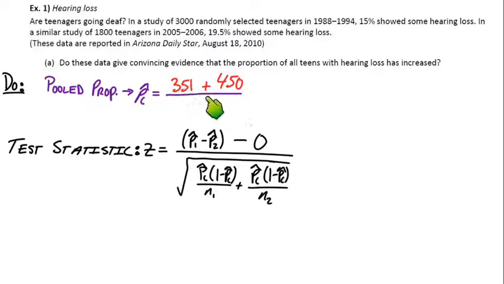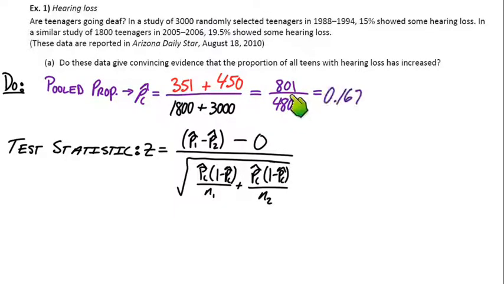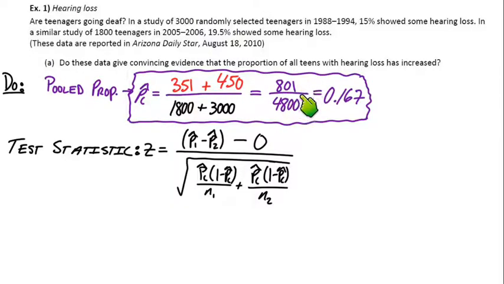Over the total sample size for each one, which is 1,800 plus 3,000, which gives us 801 divided by 4,800. So our pooled proportion would be approximately 0.167. So if we pool those two samples together, we're really looking at 801 for the number of successes out of a total of 4,800. So bigger sample, better data.